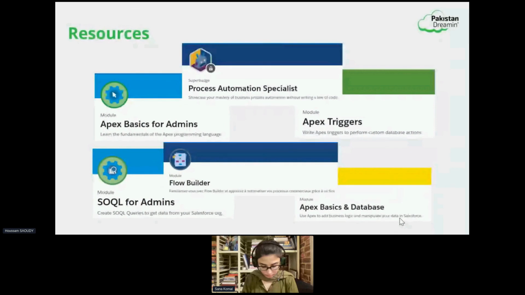Maybe we have some admins today who can write your Apex triggers. You can also read and discover what SOQL is for admins. So these are some modules that I recommend to you to start your journey with.